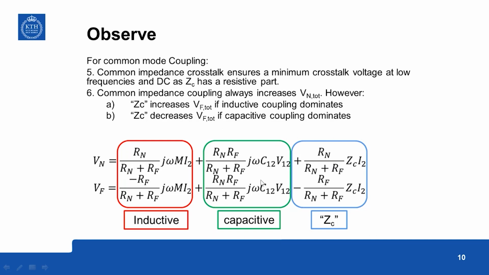But if capacitive coupling is dominant, then it increases the near end crosstalk but may decrease the far end crosstalk. So you can find some difference between near end and far end with common impedance coupling.